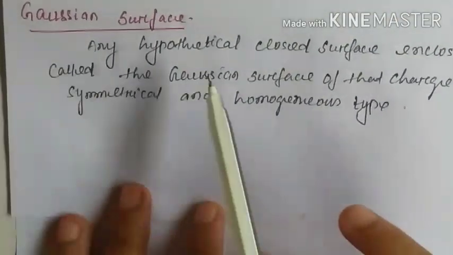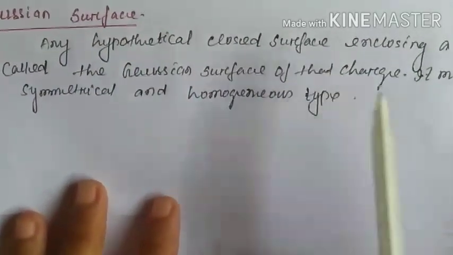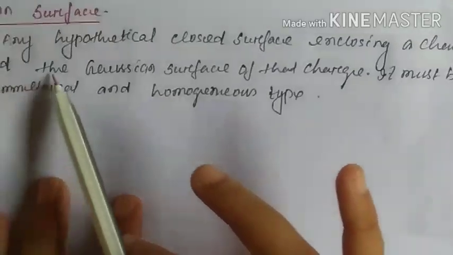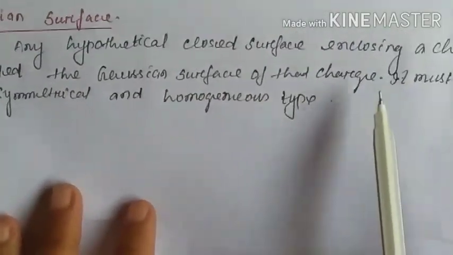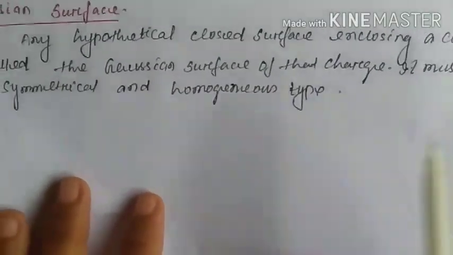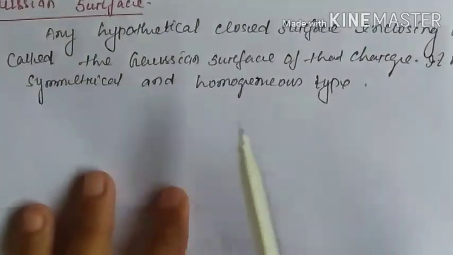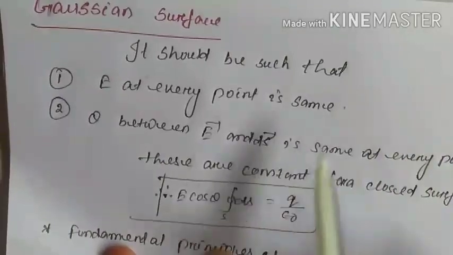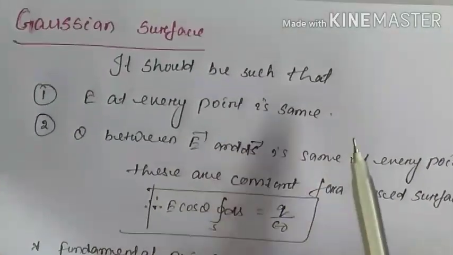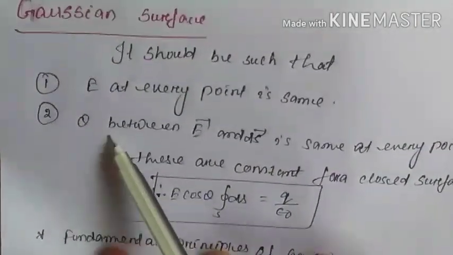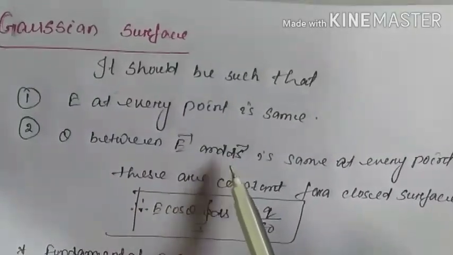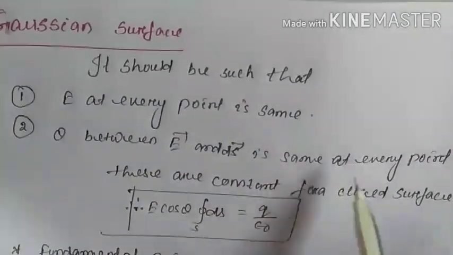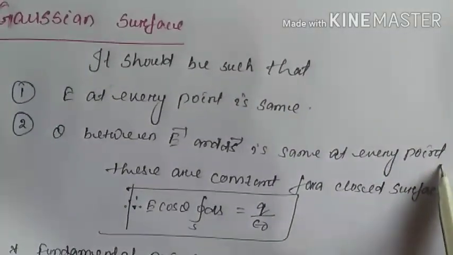It is any hypothetical closed surface enclosing a charge, and it is called the Gaussian surface of that charge. It must be symmetrical throughout and homogeneous. It should be such that E at every point is the same, and theta, the angle between E and ds, is the same at every point.